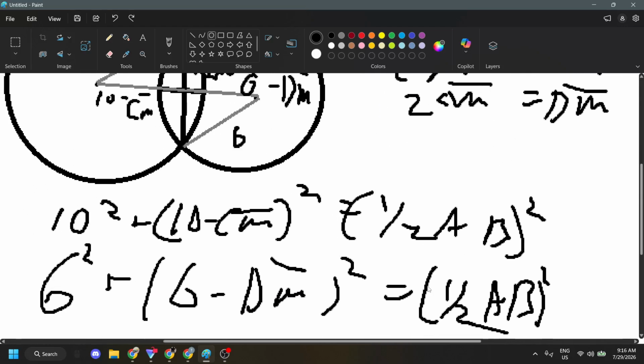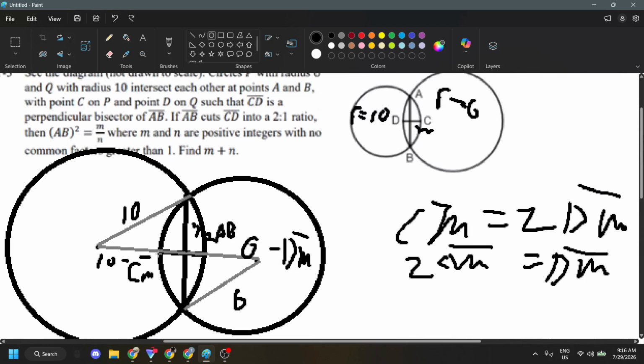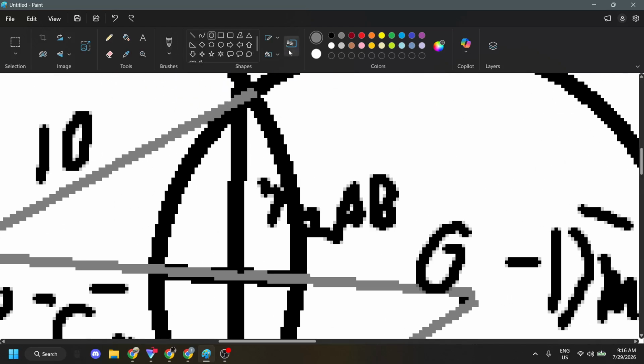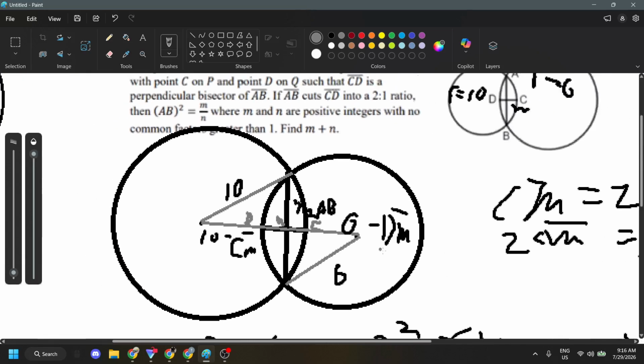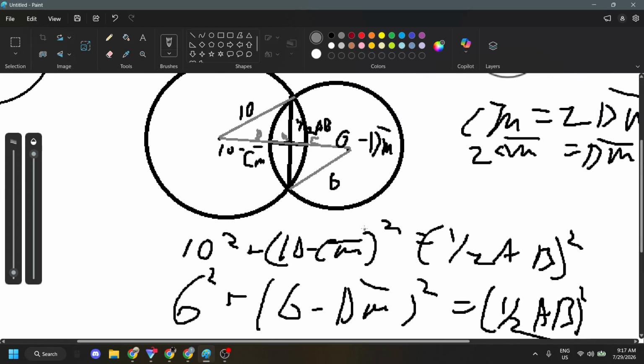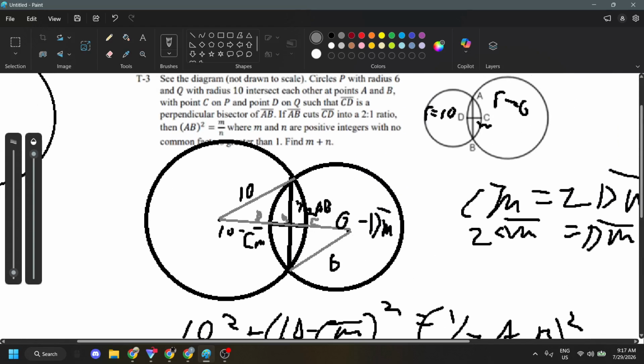So if I zoom in, this is D, C. So DM is going to be larger.